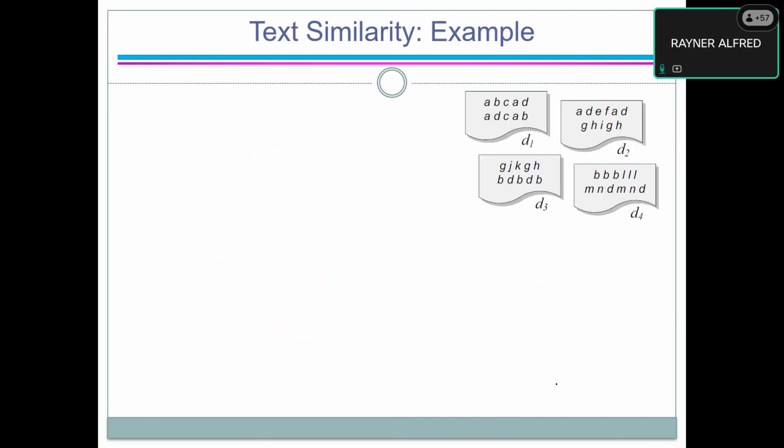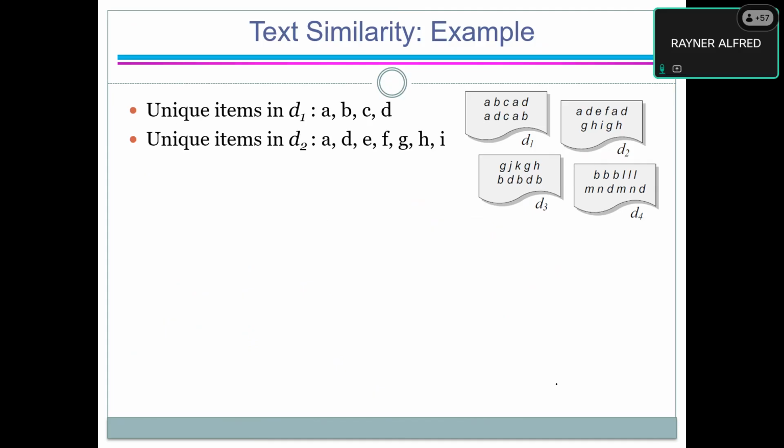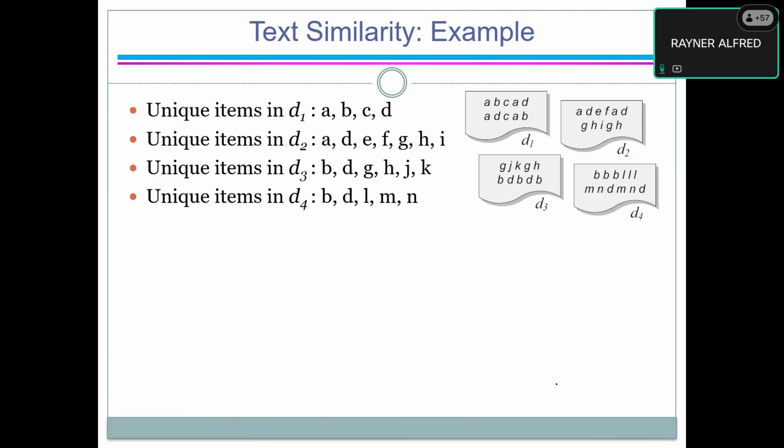Let's take a look at this example. We have 4 documents, and the unique items in each document are defined here. For example, document 1 has A, B, C, D. Document 2 has A, D, E, F, G, H, I. Document 3 has B, D, G, H, J, K, and then document 4.